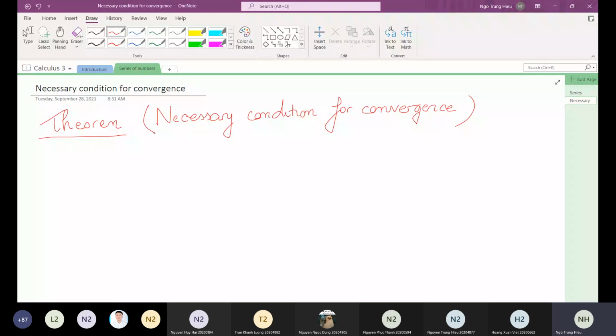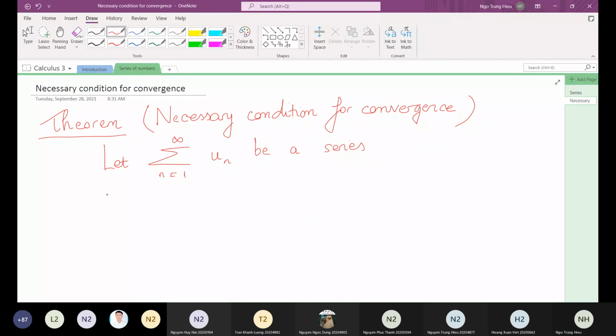So we consider a necessary condition for convergence. We let the sum of u_n, n from 1 to infinity, be a series. You can call it an infinite series, or you can call it a series. Right? And in this case, you understand it as a number, a formal number.